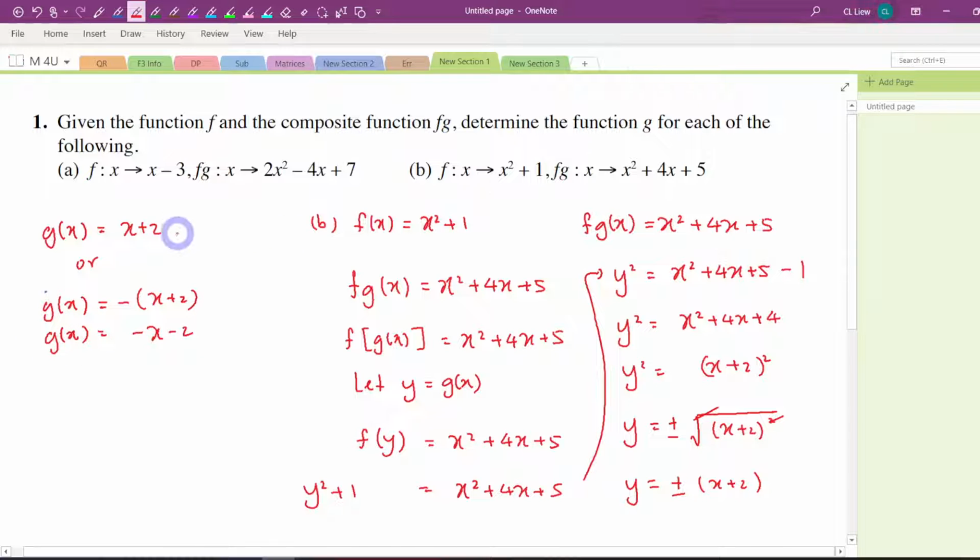You can take a try using this and this and the function f to find f of g of x. Both will actually give you the same answer, x squared plus 4x plus 5. Okay, so this is the way we find the first function.